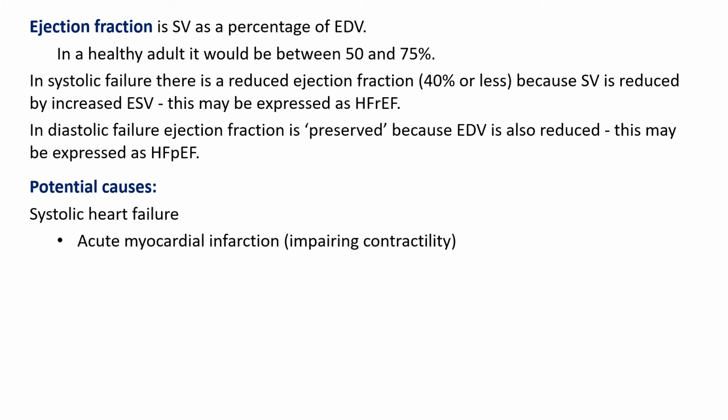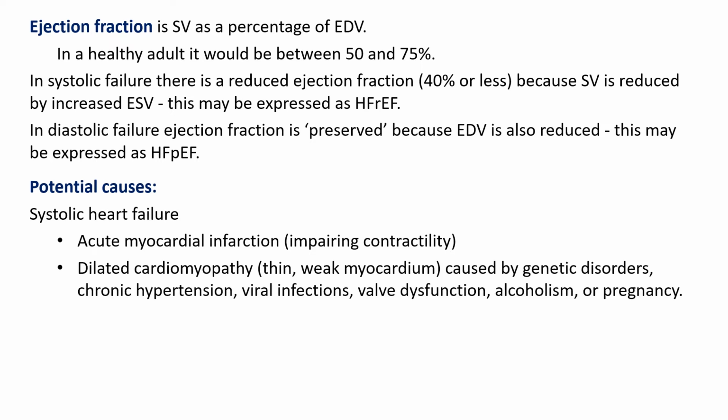Our potential causes in terms of systolic heart failure: acute myocardial infarction, because that's impairing contractility. So we are going to have a higher end systolic volume. Another cause is dilated cardiomyopathy.